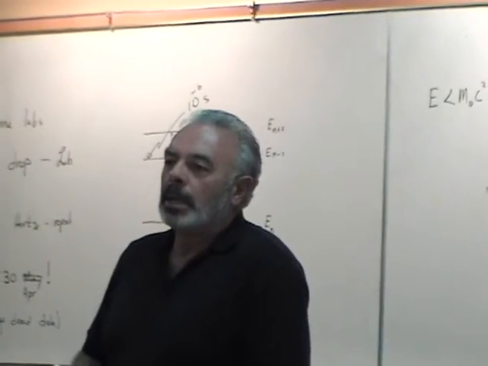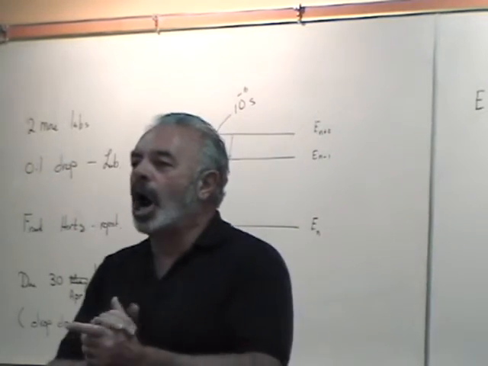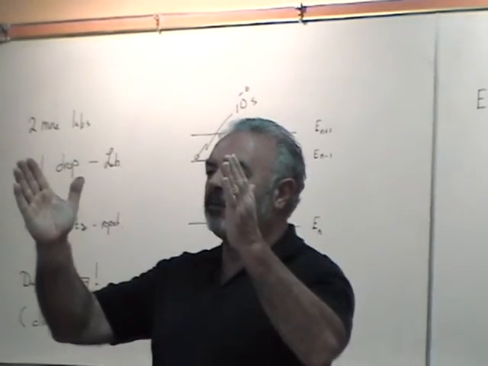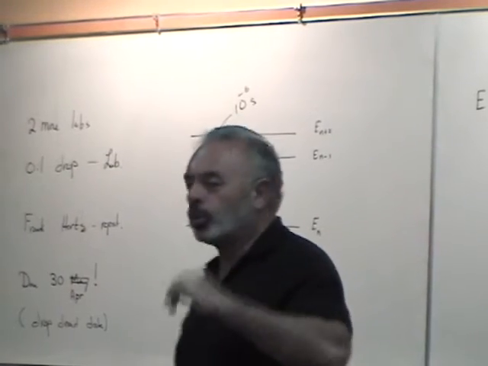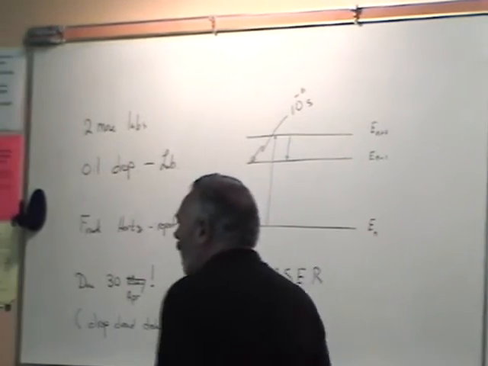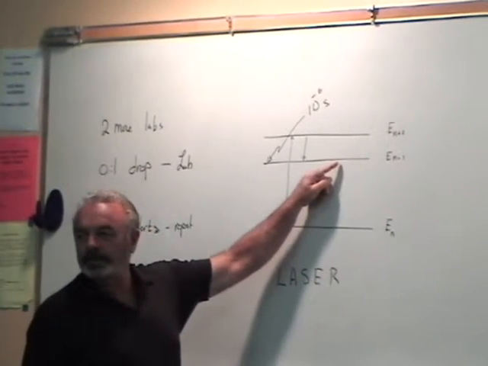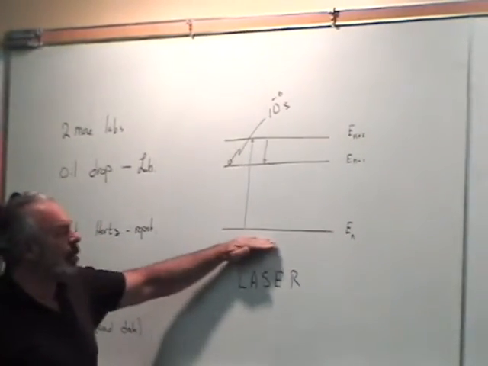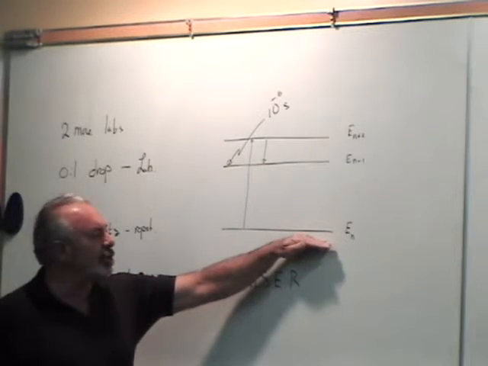Does that mean the further the laser goes, the stronger it is? Yes, that's why very often you'll find that lasers have two mirrors at each end and they actually send the photons back and forth. But the real trick, ladies and gentlemen, is finding a material that has a metastable state. And let's say that this is just some lower state, perhaps it's n equals 1, the lowest energy state.